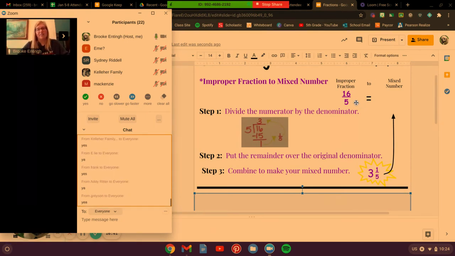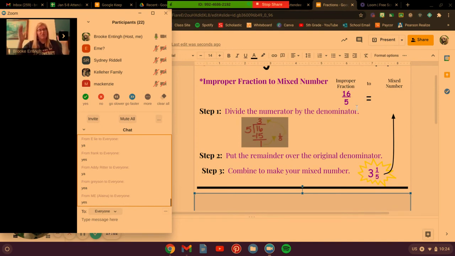What we are saying is when we have 16/5, it is the same as having 3 whole pizzas with a 5th left over. So when we look at this improper fraction, it's basically saying we have pizzas that have been split into 5 pieces, but we have 16 pieces total.